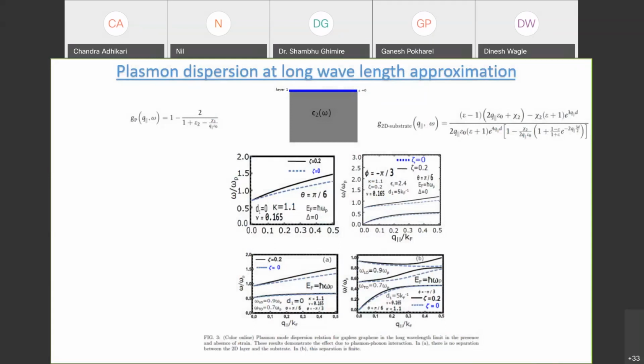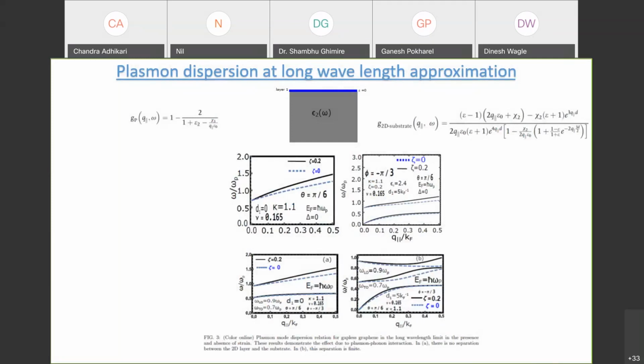So using the set of equations that I presented in the initial slide, I calculated the G response function. This G response function is so powerful that it gives the plasma mode dispersion condition for any kind of combination of 2D layer and substrate. For the given combination of 2D layer and substrate, the G response function is shown here on the left top.